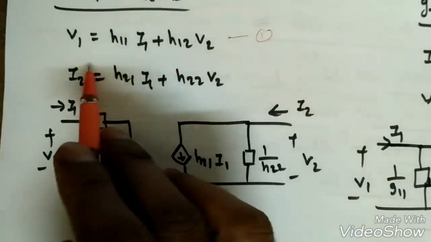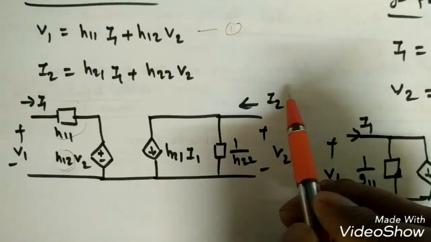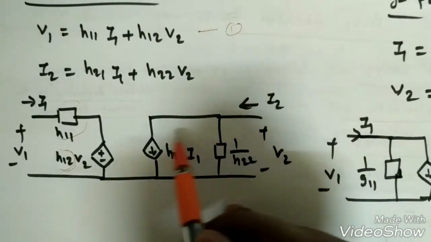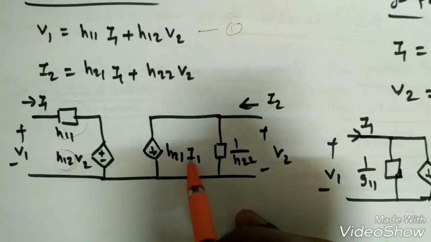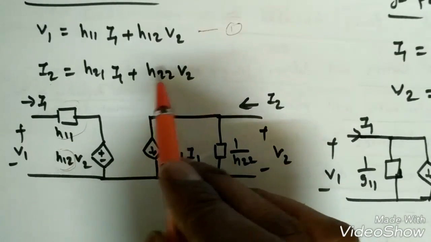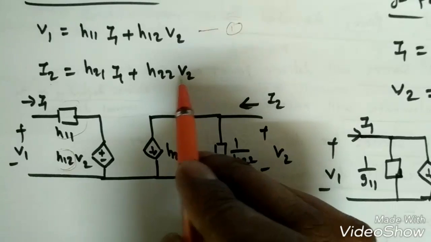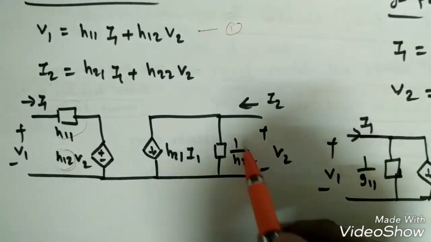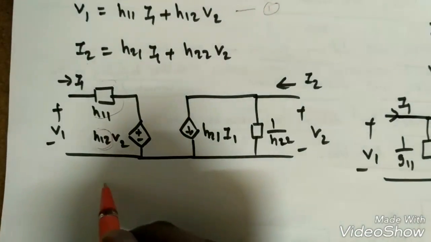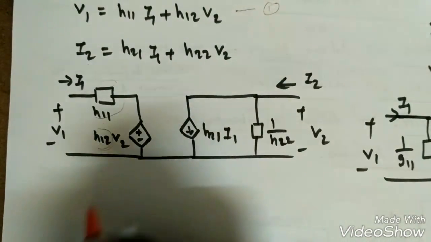H12 is nothing but V1 by V2, right? Similarly, the output is nodal analysis. So I2 is equal to, this is the current gain, H21 into I1, a dependent current source, and actually I2 should be H22 times V2. So it should be 1 by H22 because H22 is nothing but admittance, right?